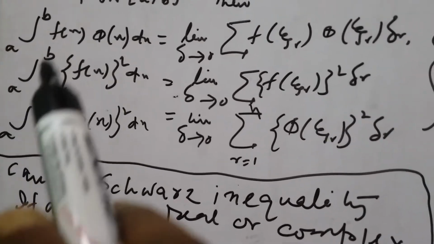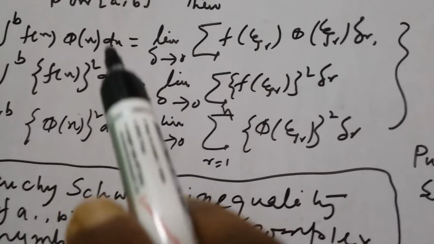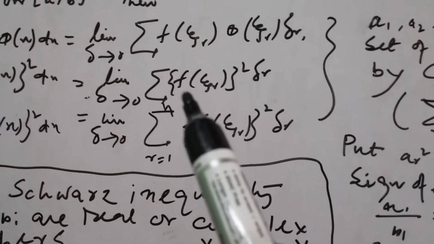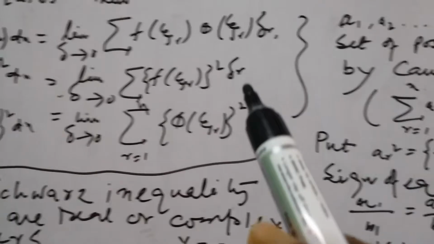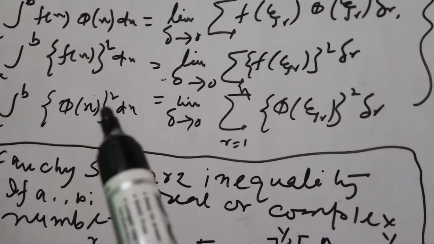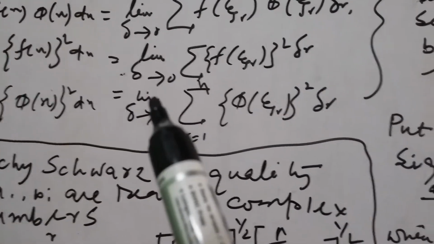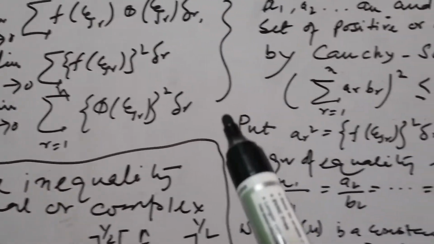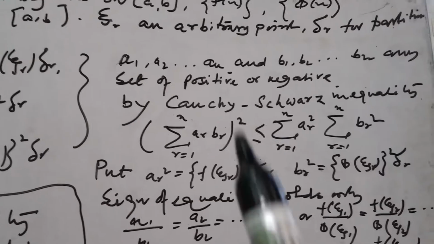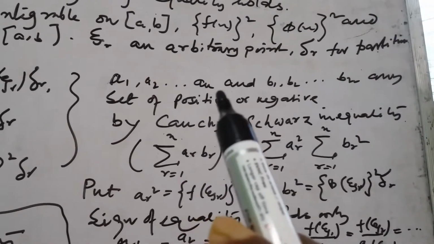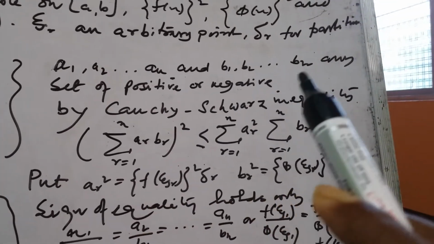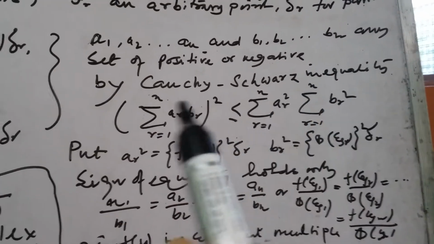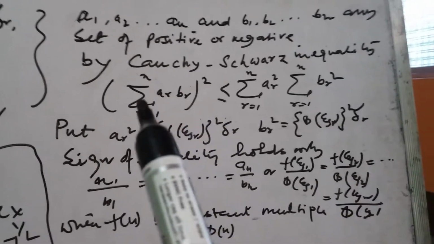Similarly, the integral from a to b of f(x) squared dx is the limit of the sum of f(xi_r) squared delta_r, and the integral of phi(x) squared dx is the limit of the sum of phi(xi_r) squared delta_r. If a_1, a_2, ..., a_n and b_1, b_2, ..., b_n are any set of positive and negative numbers, by Cauchy's inequality you can write this.